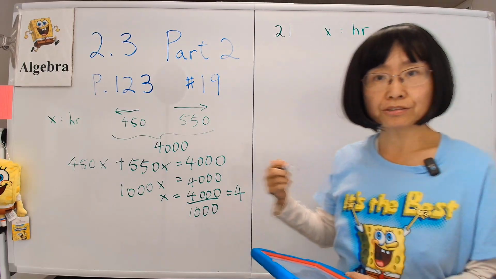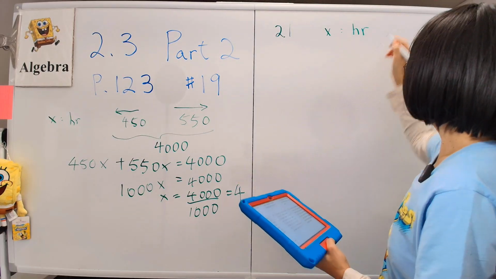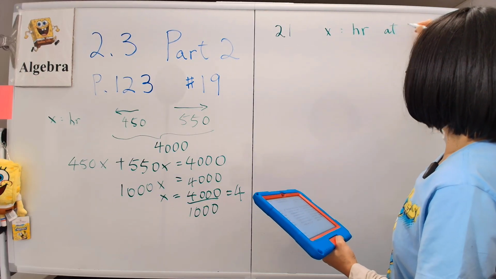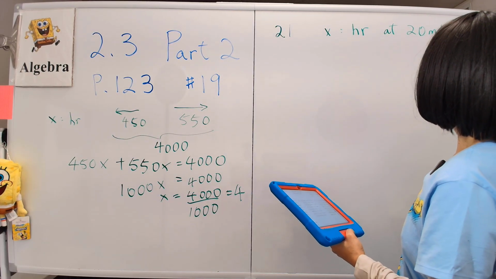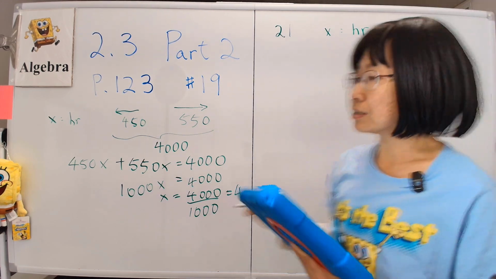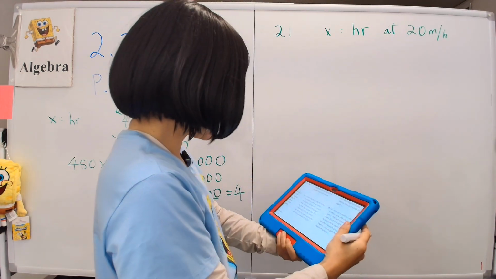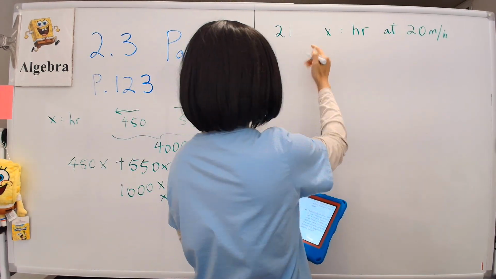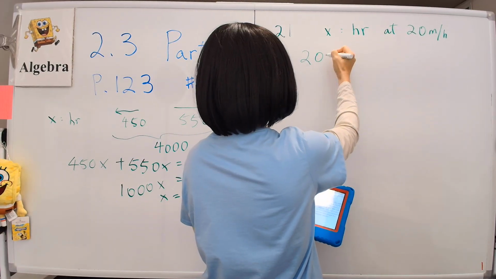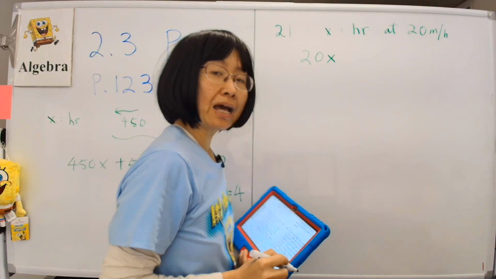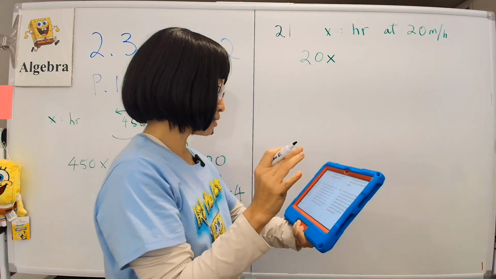And so she traveled at 20 miles an hour, because that's what we care about. Therefore, how long did she do that? Well, she traveled x hours at 20, so let's add that up. So 20 times x is how far she traveled at 20 miles an hour.